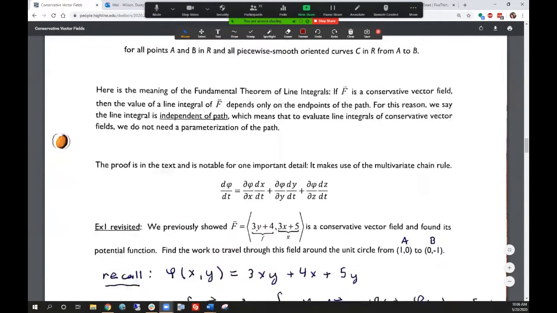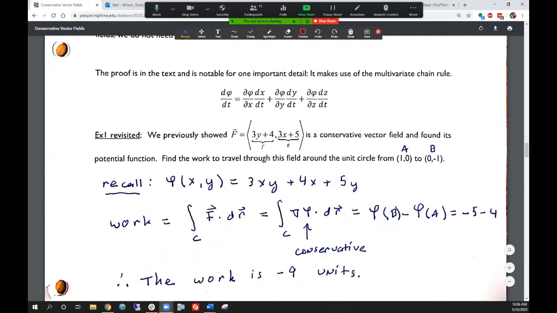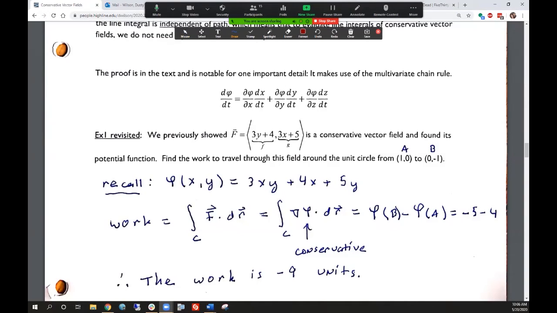Very good. All right. So I'm not going to prove this particular theorem. The proof's in the book, but I did want to point out one part of the proof, namely that the proof makes use of the multivariate chain rule.